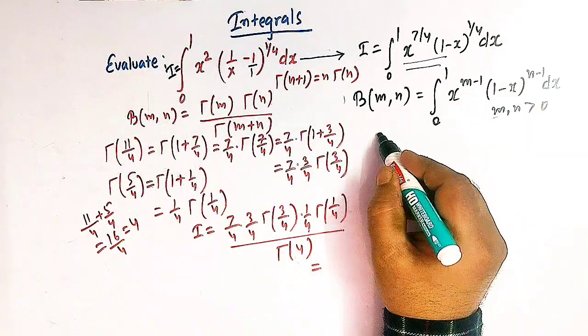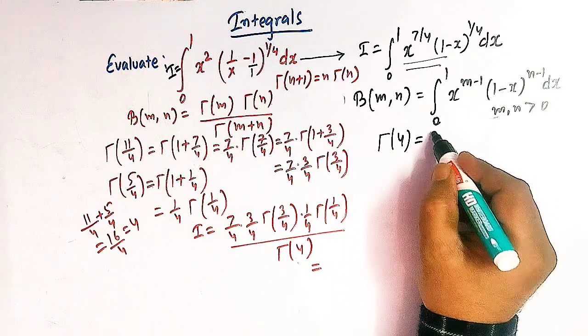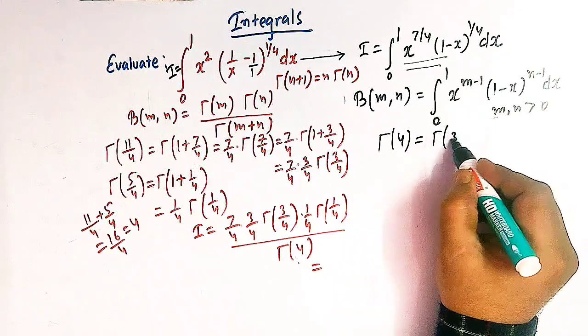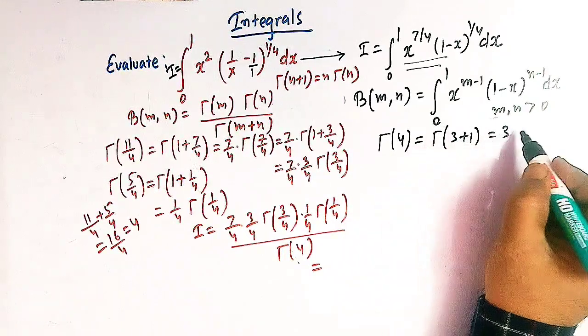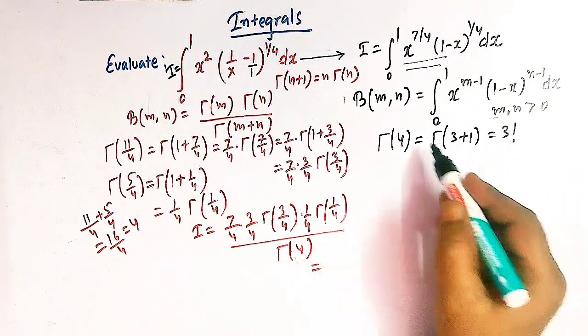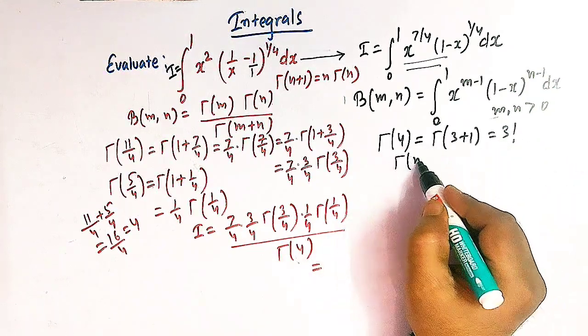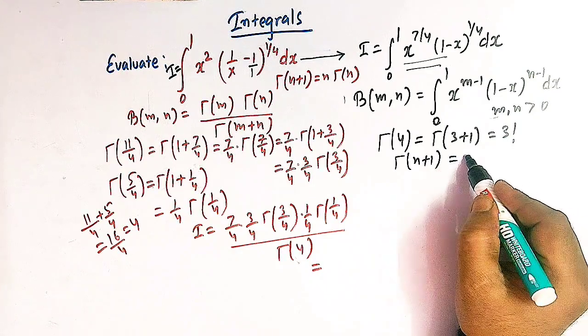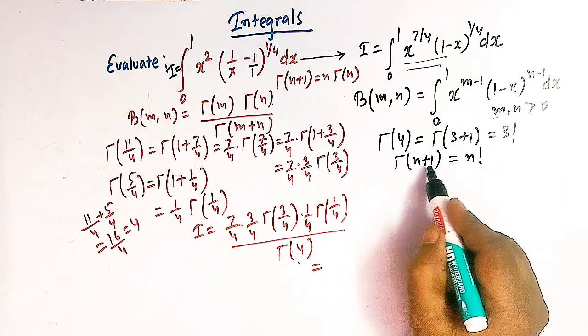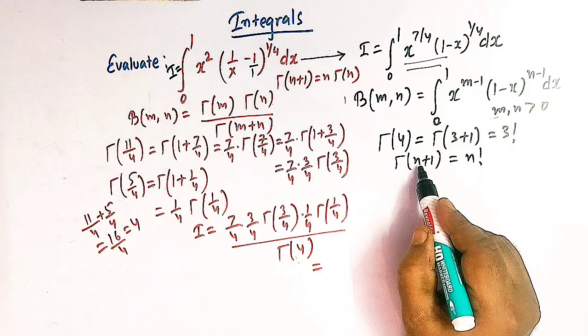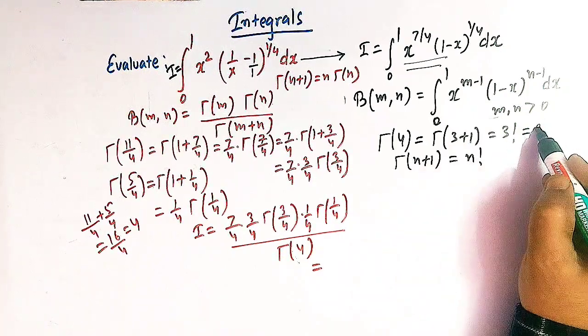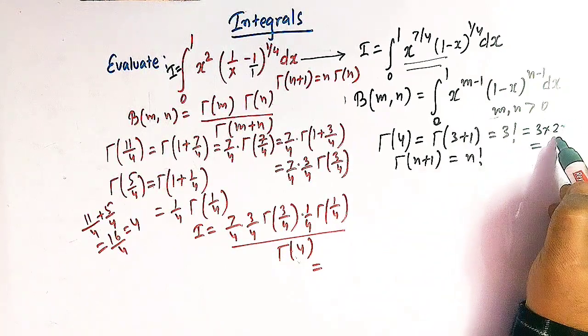Now gamma of 4 can be written as gamma of 3 plus 1, that is equal to 3 factorial, right? Because we know this relation, gamma of n plus 1 is equal to n factorial when n is a positive integer. So 3 factorial is 3 times 2 times 1, that is 6.